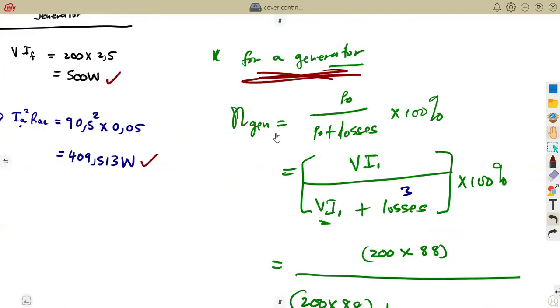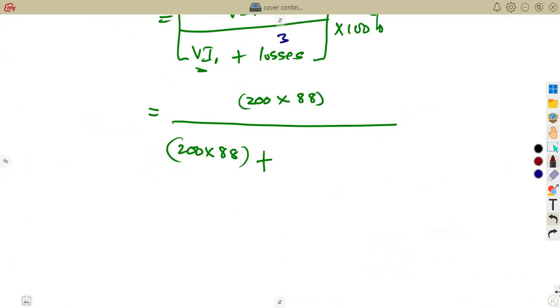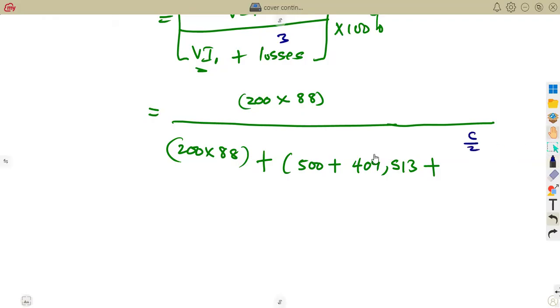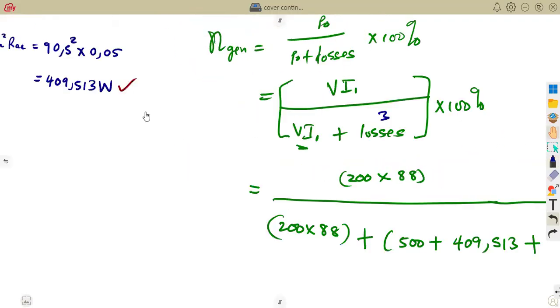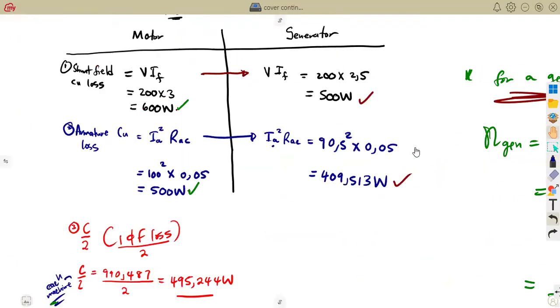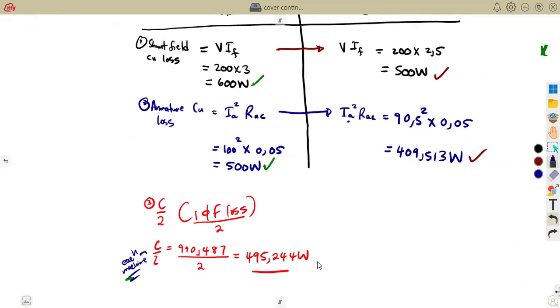All right, so let's add our losses together. You saw that there is 500 watts there. There is a 409,513. The third loss is that one, C over 2, the iron and friction, windage loss. Iron, friction and windage loss is C over 2 because it was shared equally. So it is going to be used for both.